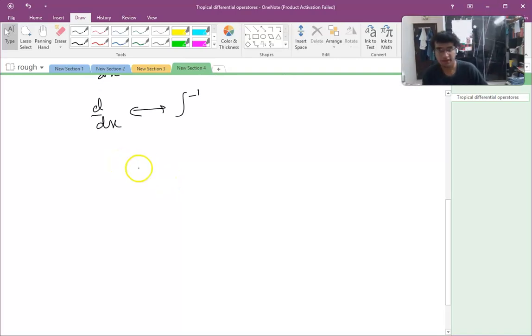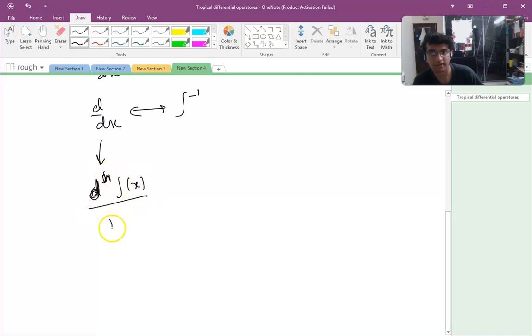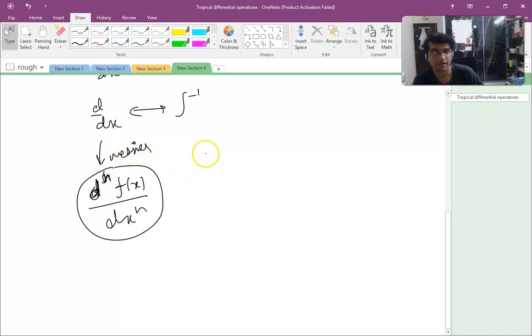What ended up happening is that, given a function f, taking the nth derivative of f(x), d^n/dx^n, was a lot messier. It was not harder, but it was messier, compared to trying to generalize the nth inverse integral of f(x) dx.